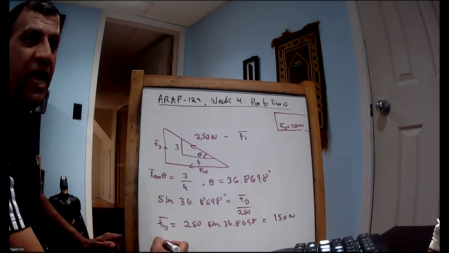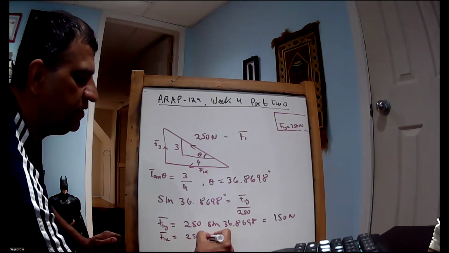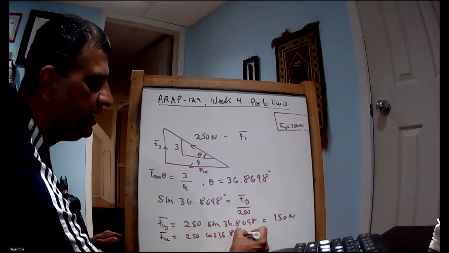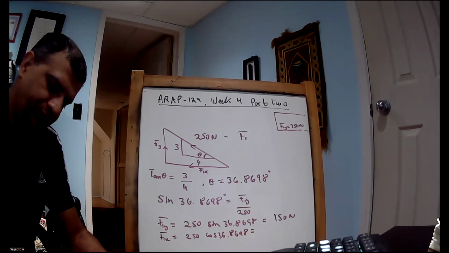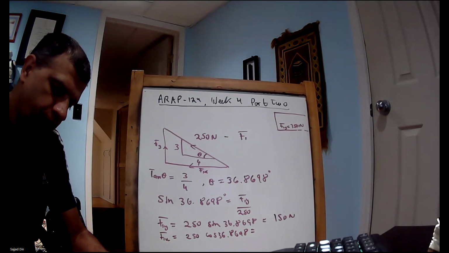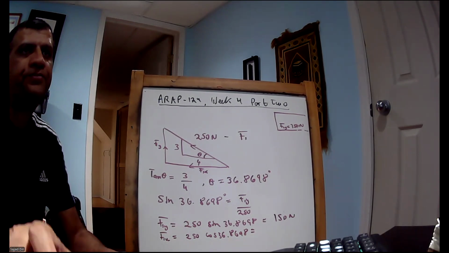Now F1x is equal to 250 cosine 36.8698. What does that give us? 200.